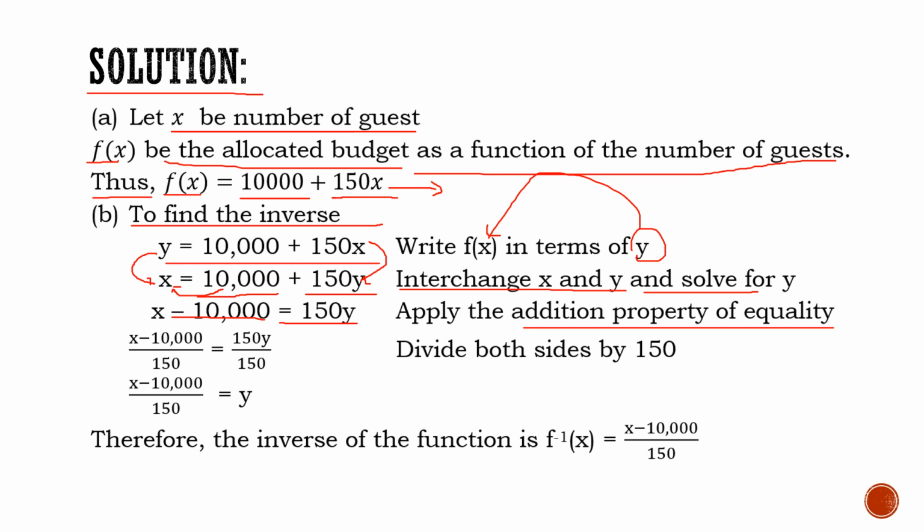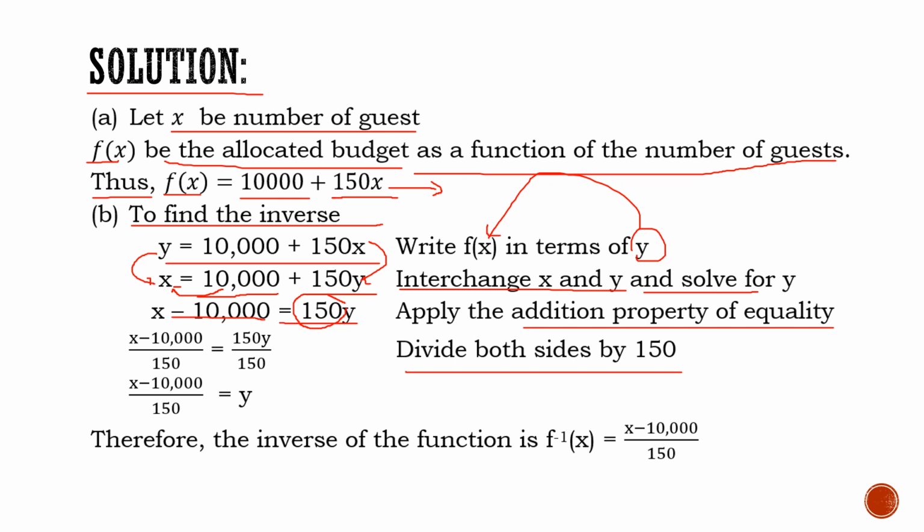To cancel the numerical coefficient of y on the right side of your equation, we need to divide both sides by 150, because we need to make sure that the numerical coefficient attached to your y variable is equal to positive 1. That's why we need to divide the entire equation by 150.